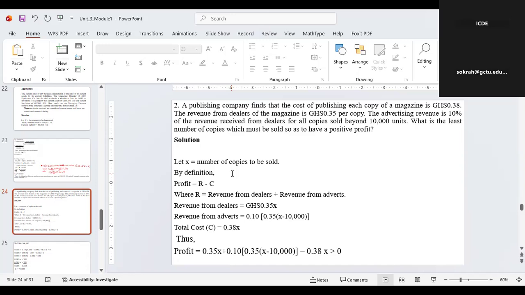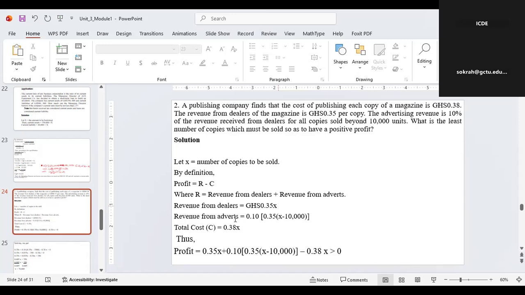Now, if you look at the question, it tells you that revenue from dealers is 0.35 Ghana cedis per copy.